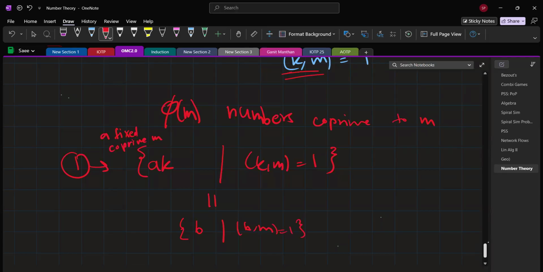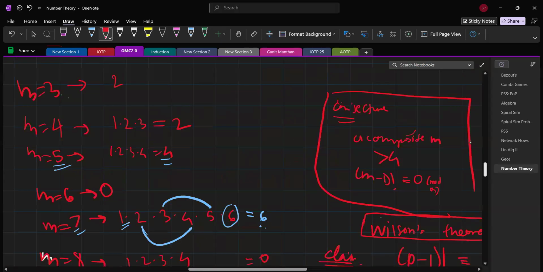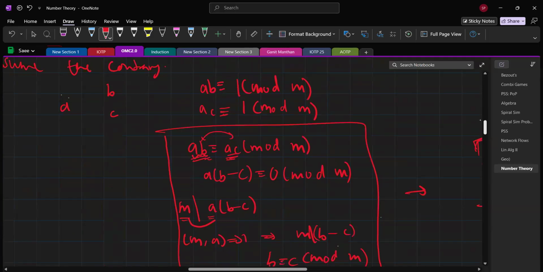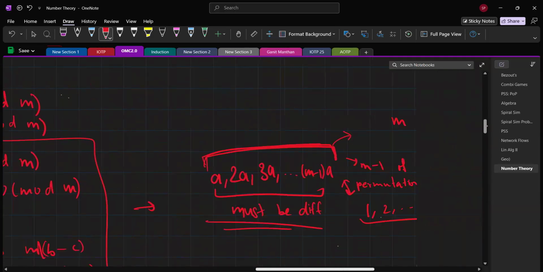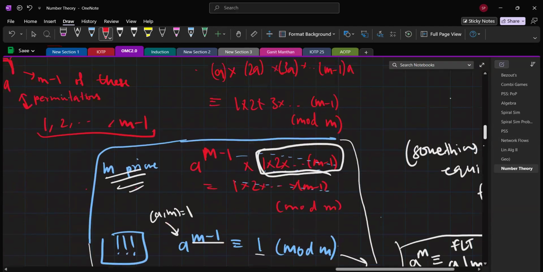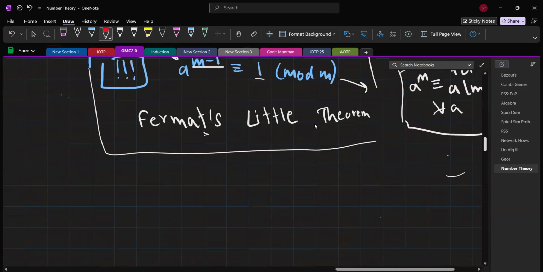This is just written in some fancy way. All I mean to say is that if you take 3 and look at all multiples of 3 which are co-prime to 8, then you'll just get back all numbers that are co-prime to 8 in some different order.